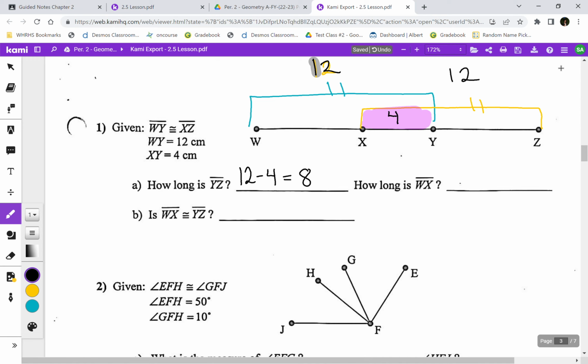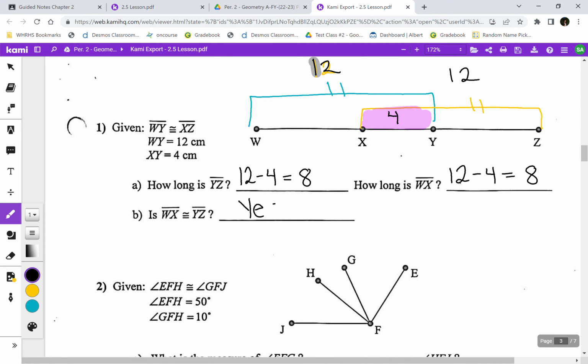Well, again, we would do 12 minus 4, which is 8. So what happened? We took two congruent things, and didn't we subtract 4 from both of them? So we took two congruent segments and we subtracted the same segment away from both of them. The results will still be congruent.